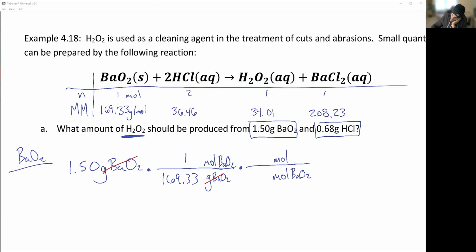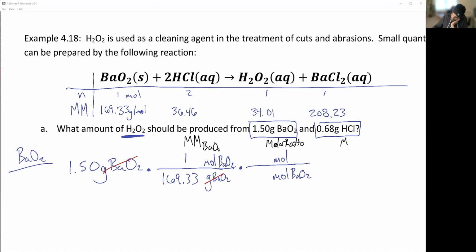Now we're using the molar ratio. So the first one was the molar mass of barium peroxide. This is going to be the molar ratio.